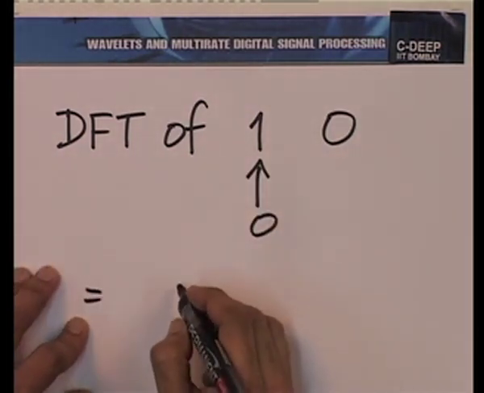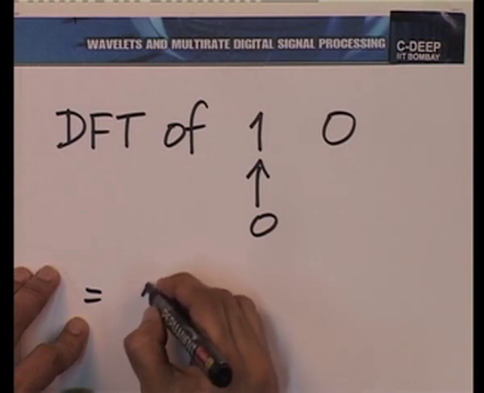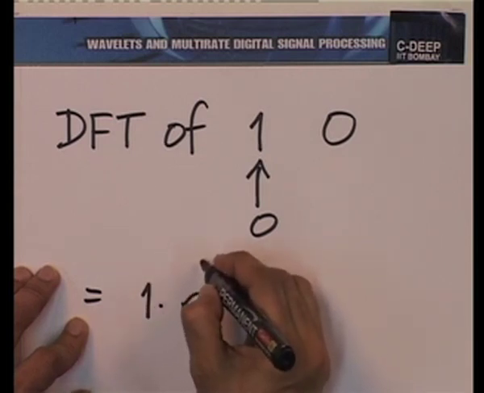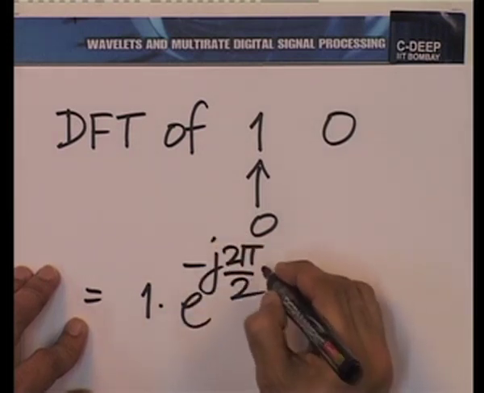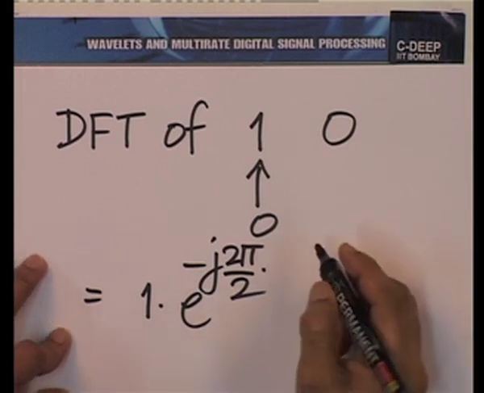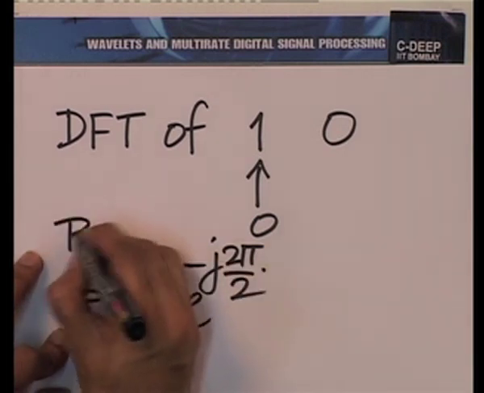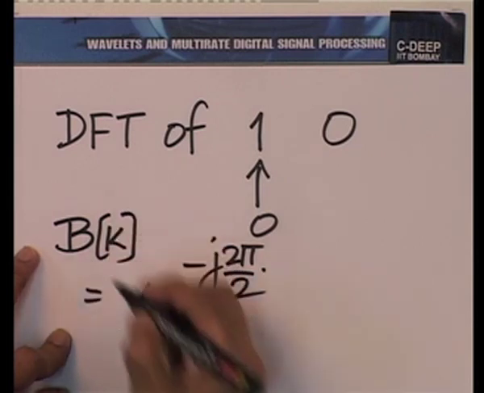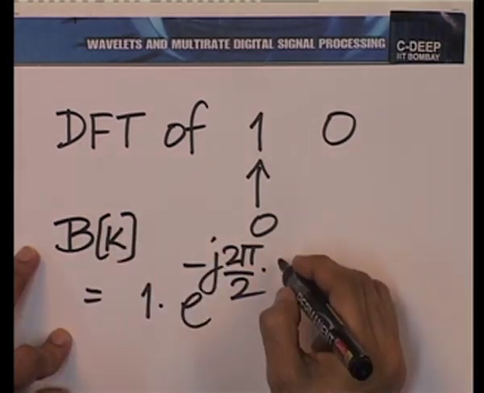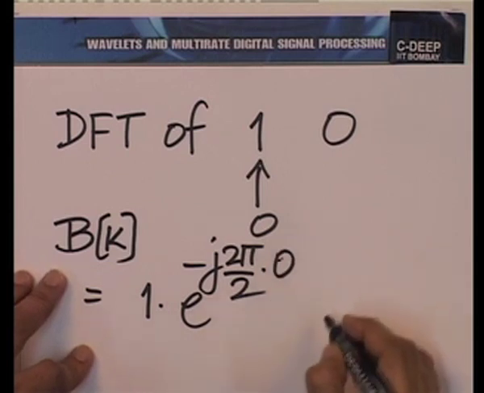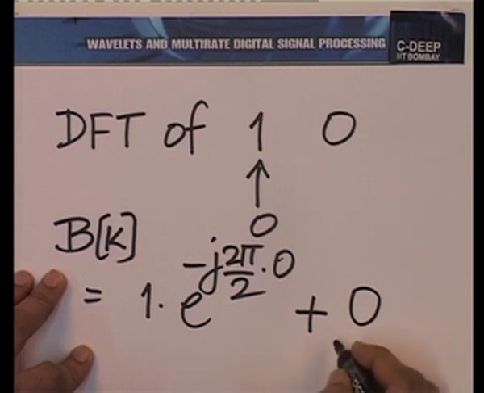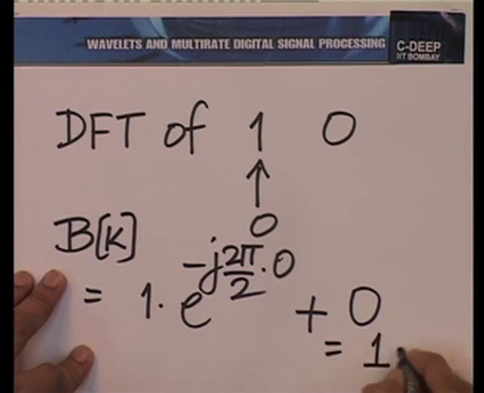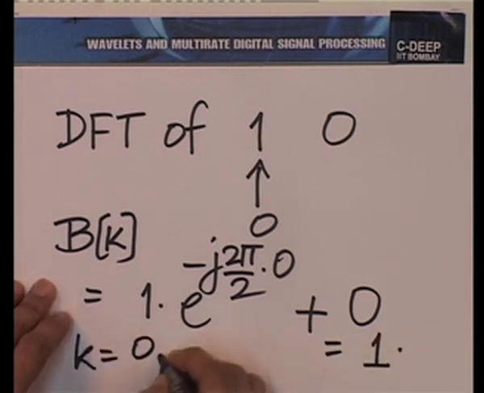That is easy. It is 1 times e raised to the power minus j 2 pi by 2 times, of course, the discrete Fourier transform is a function of the frequency index k. So, this is 0 times k plus 0. So, in fact, b of k is 1 for k equal to 0 and 1.